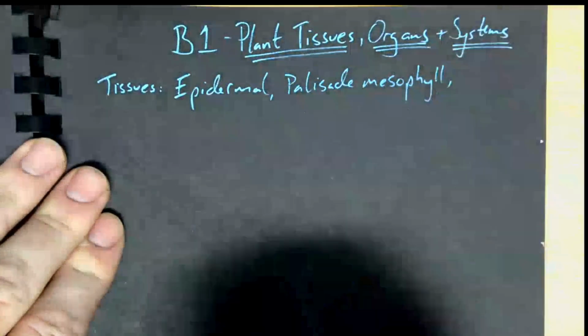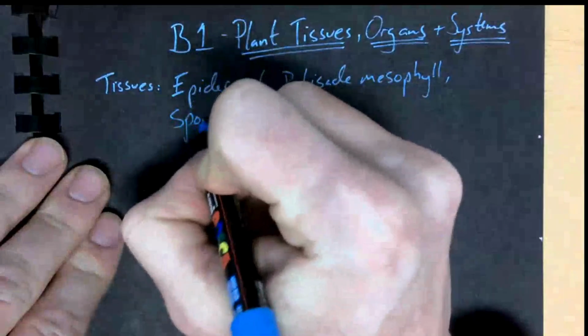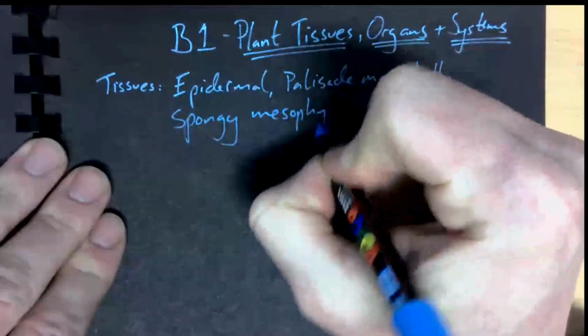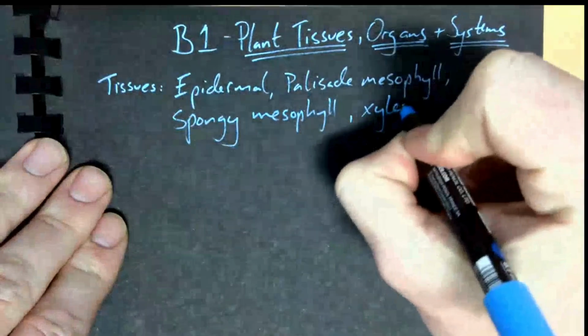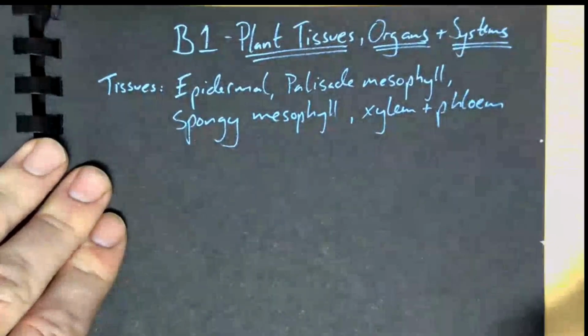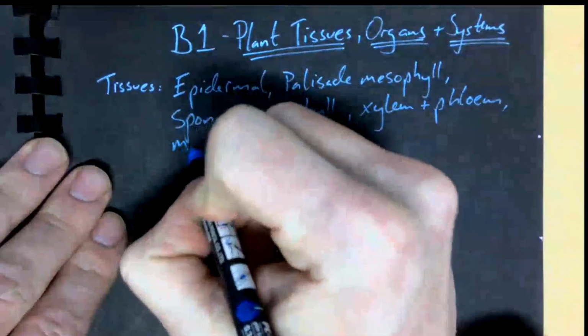We've got your spongy mesophyll. We've got the xylem and the phloem. And then we've got your meristem tissue.